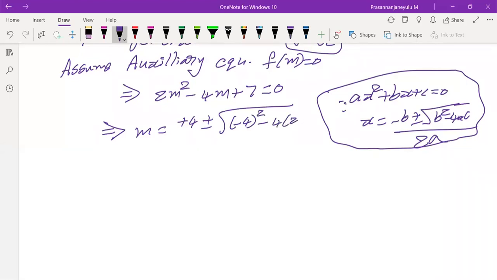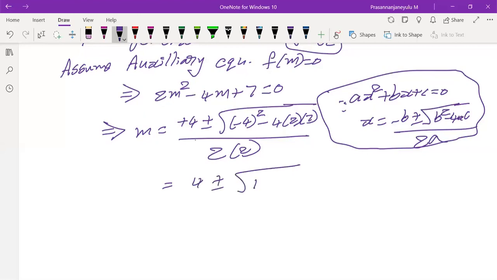A value is 2, c value is 7, whole by 2a, 2 into a value is 2. So now 4 plus or minus root of 16 minus, how much will we get? 7 8s are 56, by 4. If we do simplification, we get 4 plus or minus root of minus 40.